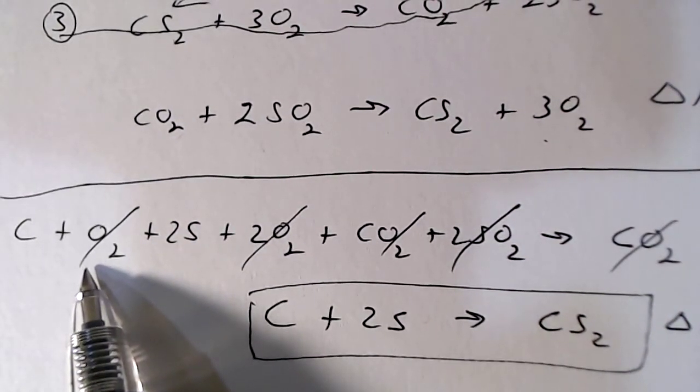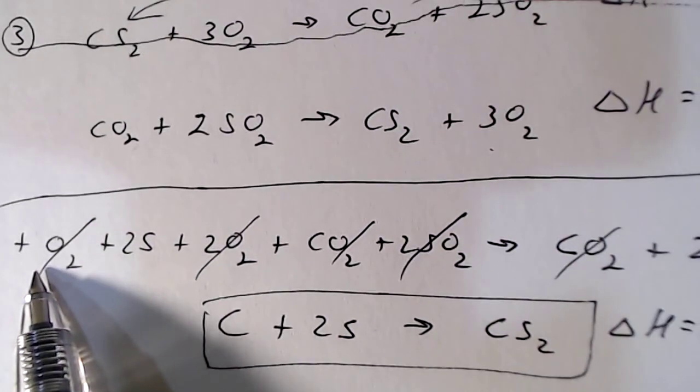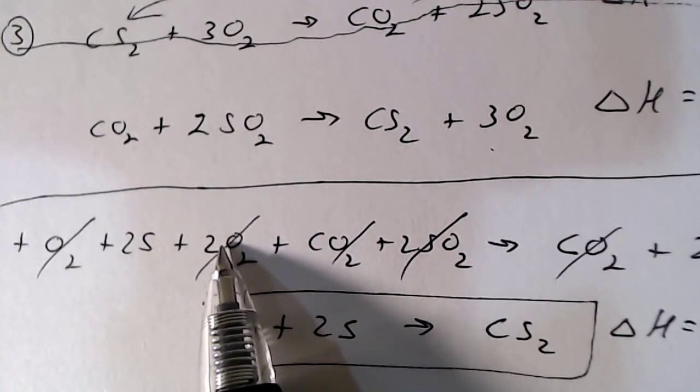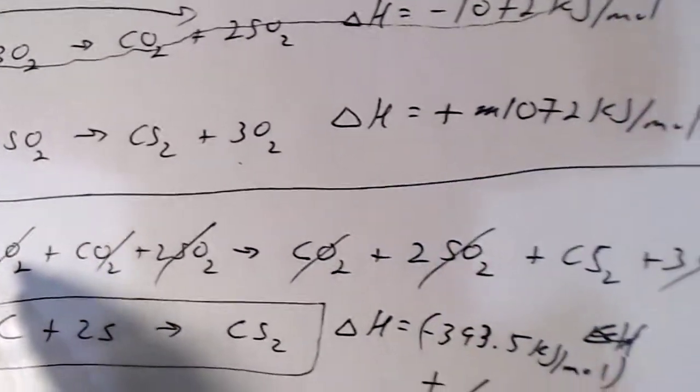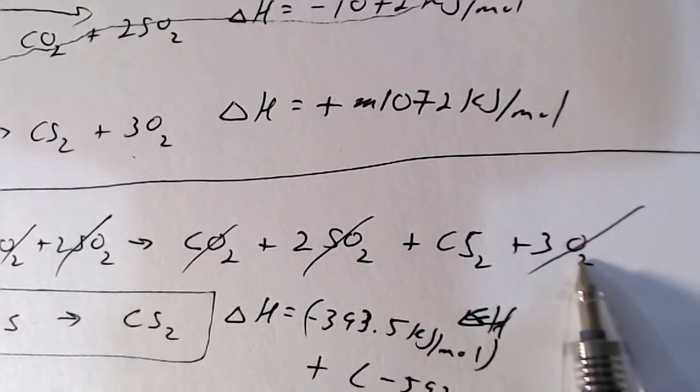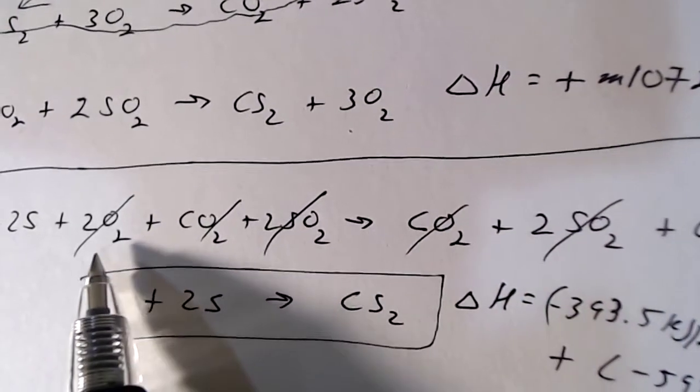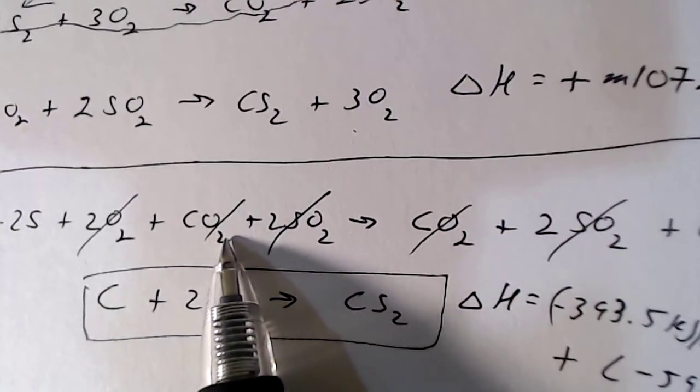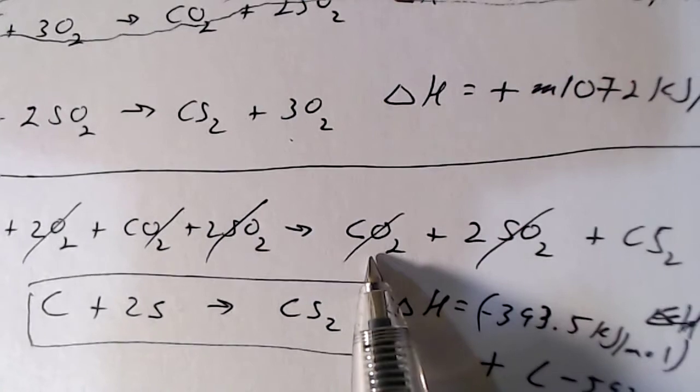So we want to simplify now. Things that are equal in amount on both sides of the equation will cancel out. So there are 1 plus 2, 3 O2s on the left of the equation, and there are 3 O2s on the right of the equation. They'll cancel. There's a CO2 on the left, there's a CO2 on the right.